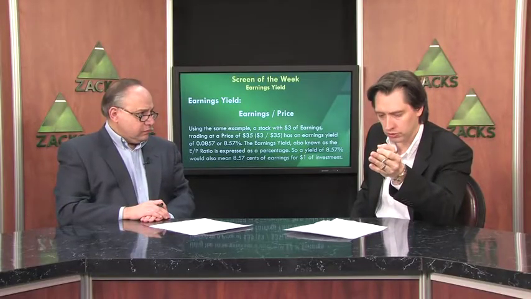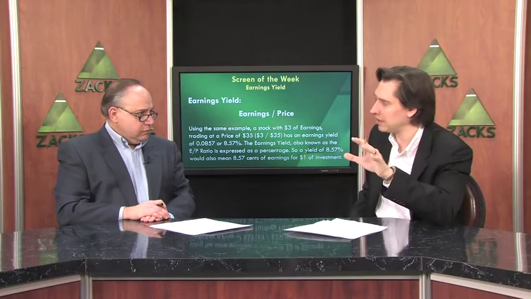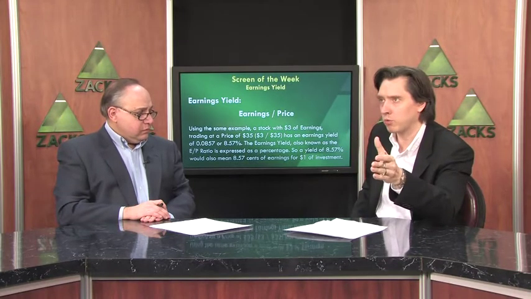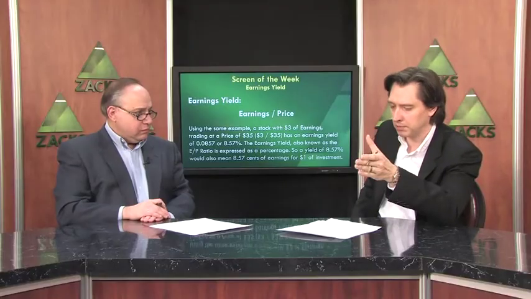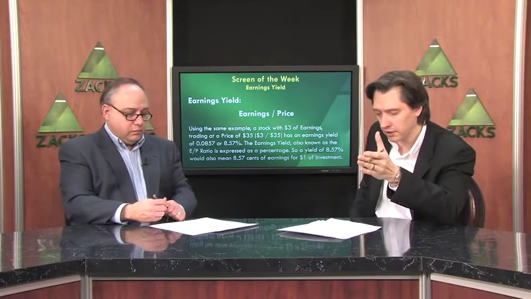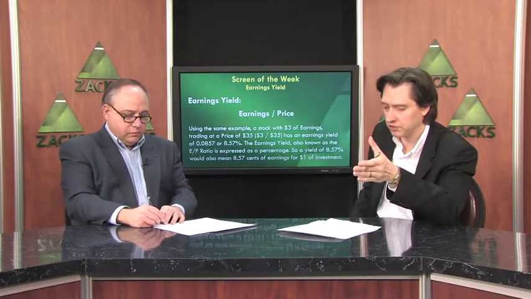Conventional wisdom has it that if the yield on the stock market, the S&P for example, is lower than the yield on the 10-year Treasury, then stocks might be considered overvalued. By the way, the yield right now on the 10-year is 3.71%. So if the yield on the S&P is greater than the 10-year T-bill, stocks would be considered undervalued. And if it's lower, then it would be considered overvalued.